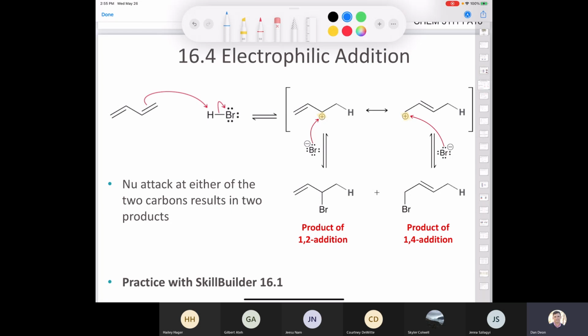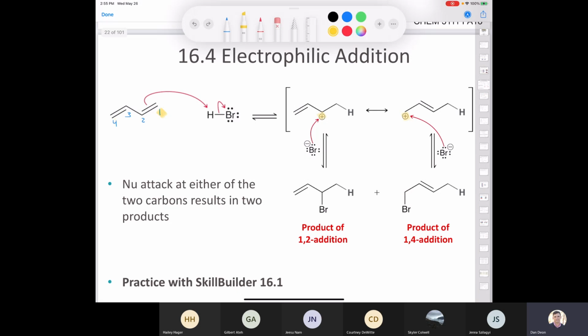If you number the compound, you've got 1, 2, 3, 4. The product of 1,2 addition has the hydrogen on carbon number 1 and the bromine on carbon number 2. The product of the 1,4 addition has the hydrogen on carbon 1 and the bromine, you can see, is on carbon 4. So that's where those words come from.